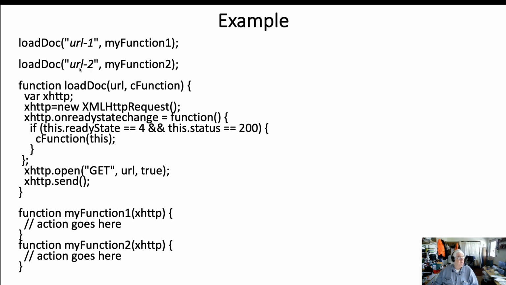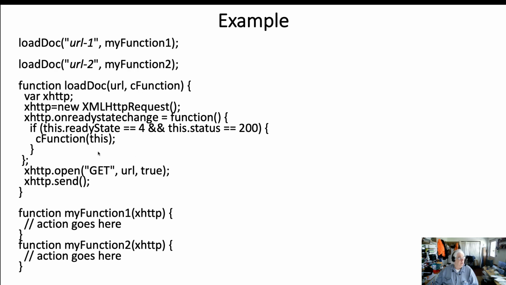So here's an example. We have this function that's going to load the doc and do what we want it to do. When we call the function, we want it to use URL 1 and the result at the end to be myFunction1. But when we call it this time to go to this URL, we want it to be myFunction2.